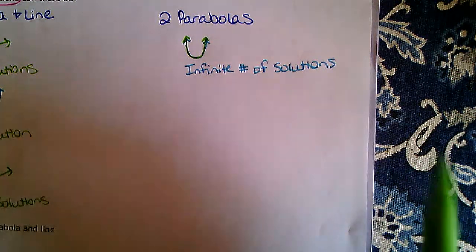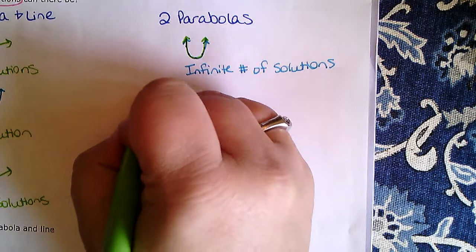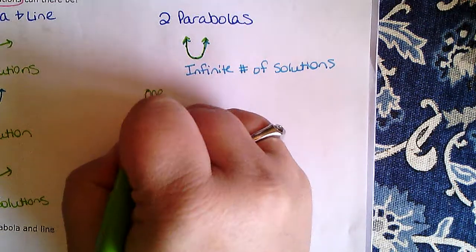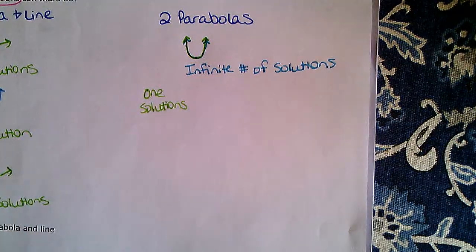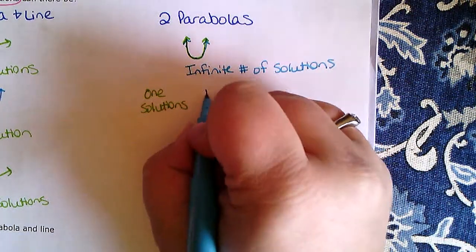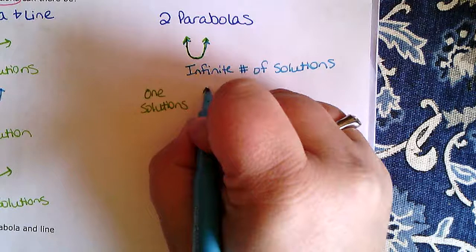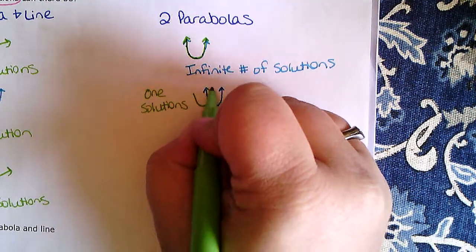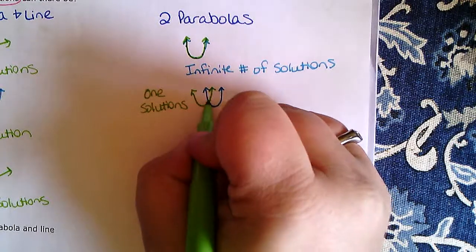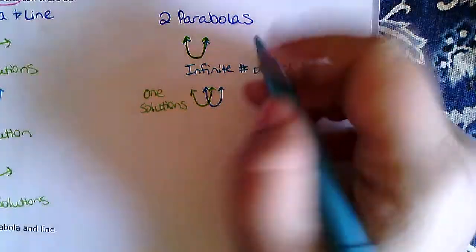Then we can also have one solution, and there's a whole lot of different pictures for this. You can have a parabola with another one that is next to it, and they only touch in one spot.